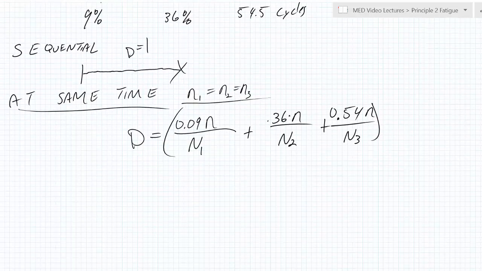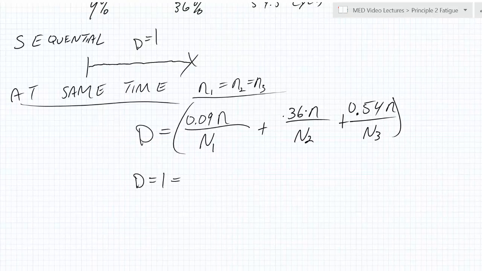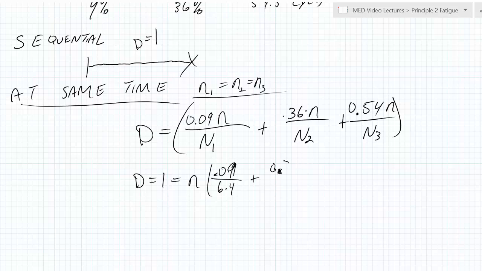So if we assume that damage will occur when this equals 1, we reach the end of the product's life, we can turn this around and solve for N, where we have N equals 0.09, it's 9%, over our 6.4 thousand cycles plus 36% of 18,000 cycles and 54% of lasting 68,000 cycles.